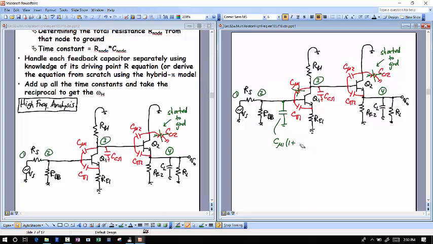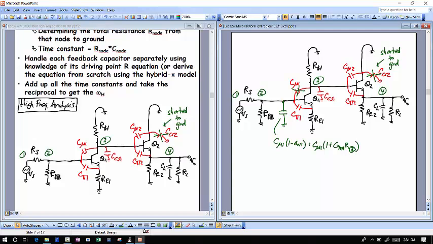Let me write it out your way first, just so it's very clear. So minus the gain of stage 1, which I'll call AV1, is going to be equal to C mu 1 times 1 plus gm1 times the total resistance at node 3, because the gain AV1 is minus gm1 times that resistance. That is my Miller capacitor there.